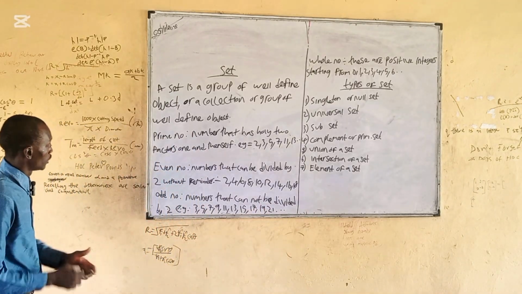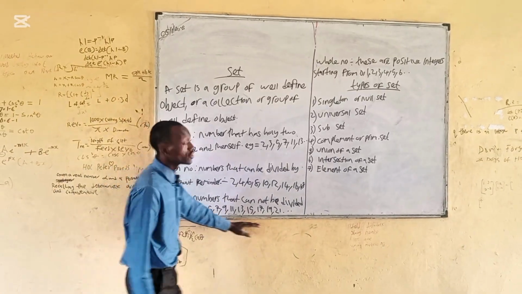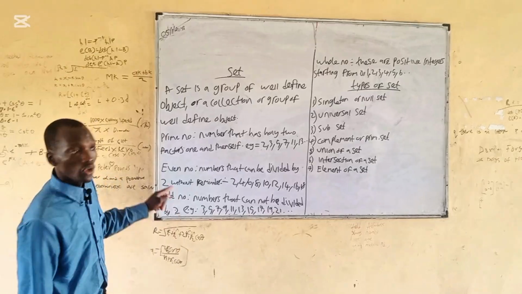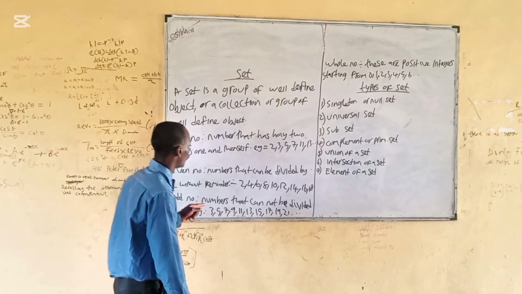Now, these are odd numbers. When you divide these numbers by 2, there is always a remainder. There is always a remainder to these numbers.